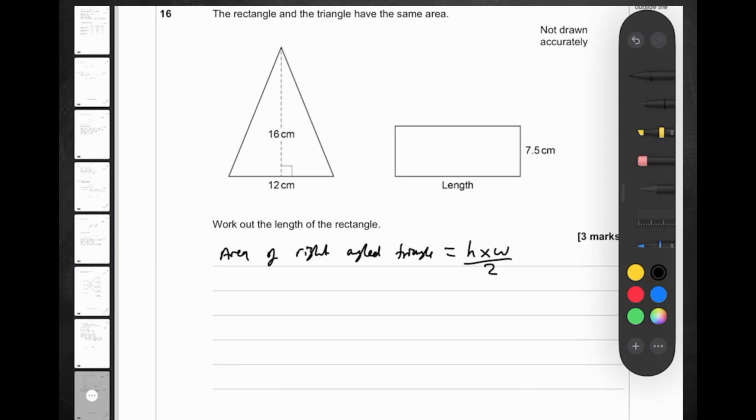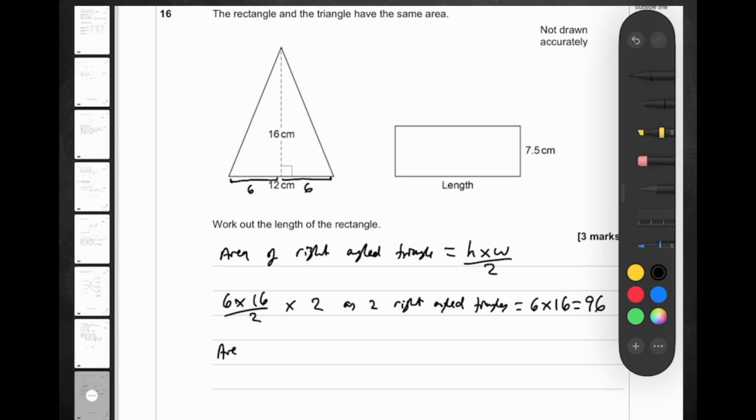So we know each of these right-angled triangles is 6 centimeters width because we've split that down the middle. So we're going to say 6 times 16 over 2 multiplied by 2 as 2 right-angled triangles. So 6 times 16, which gives us 96 for the area of the triangle.